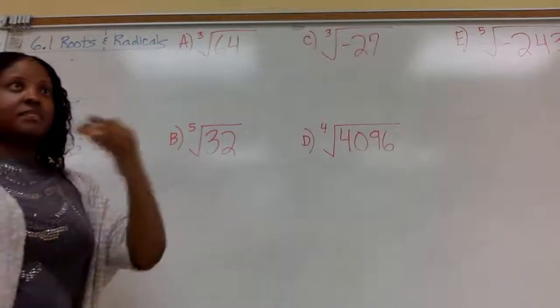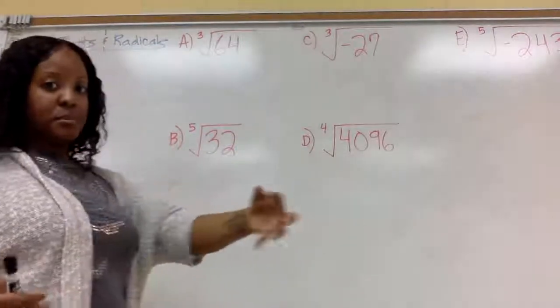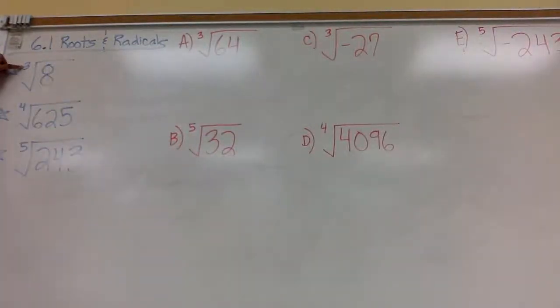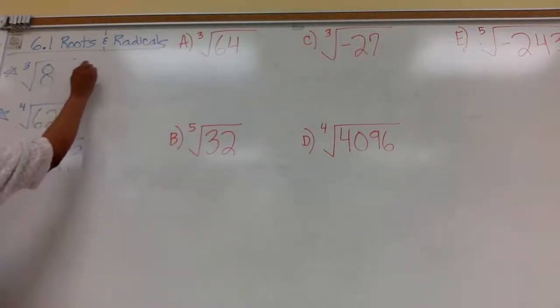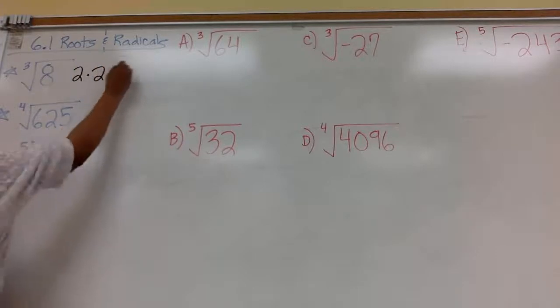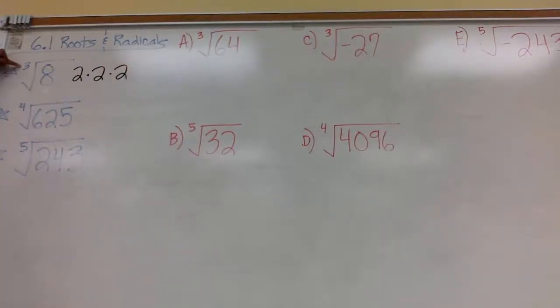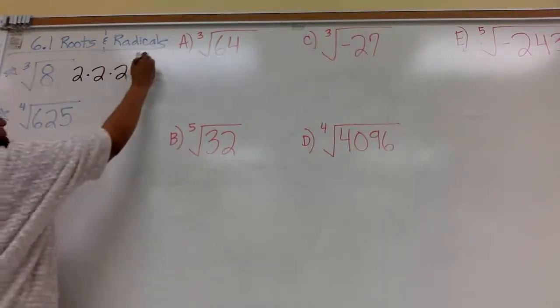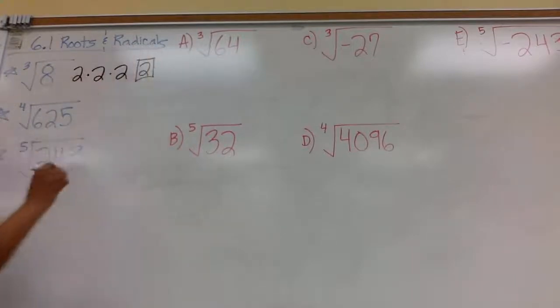So something times something times something, same number. What is the cube root of 8? That number is 2, and I know that because 2 times 2 times 2 gives me 8. So the cube root of 8 is the number 2.